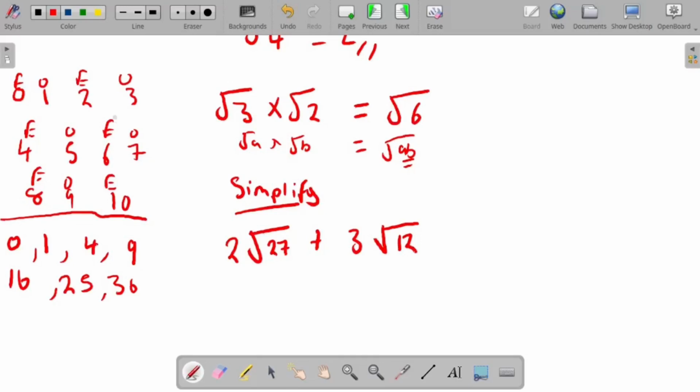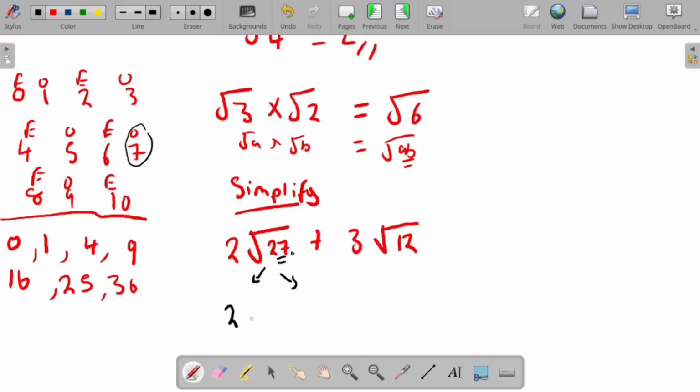You're going to assess the type of number that is under the root. So in this case, looking at 27, the 7 is an odd number, implying that the entire 27 is an odd number. What does that mean to us? We're supposed to break down 27, since we can't find the exact root of 27 without using a calculator.